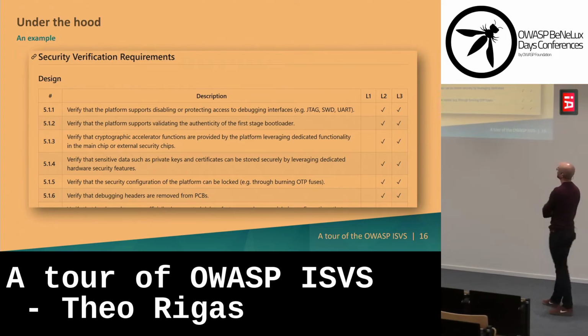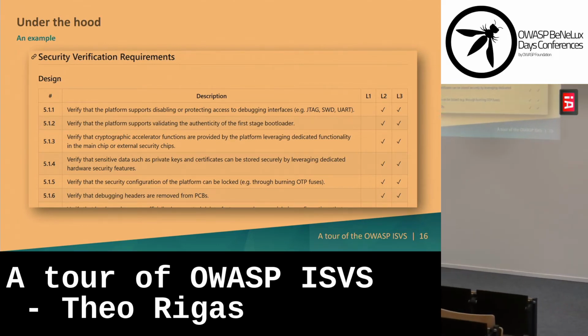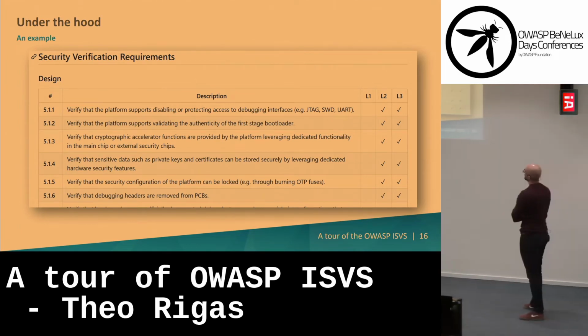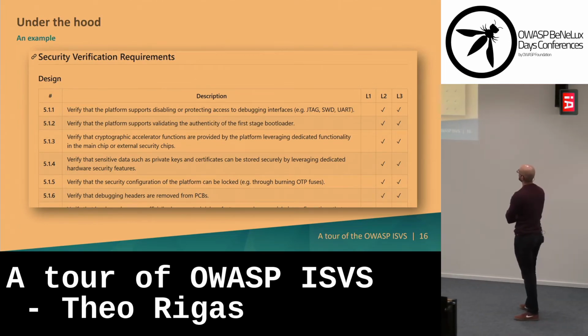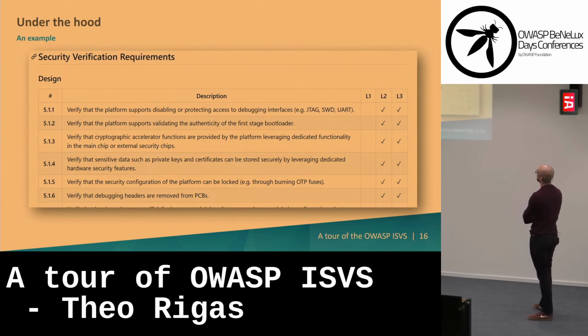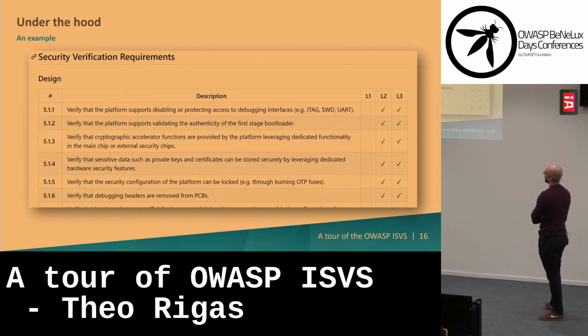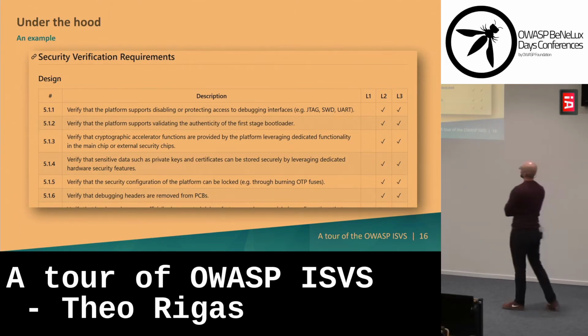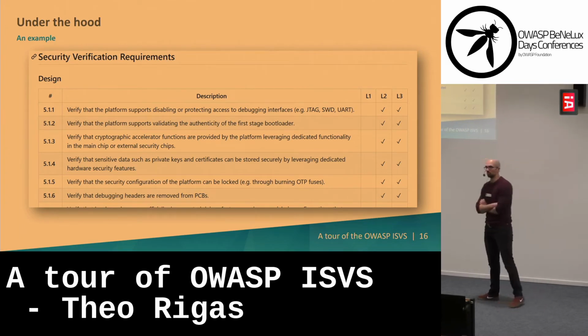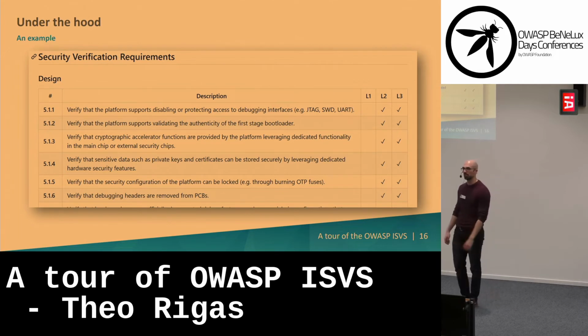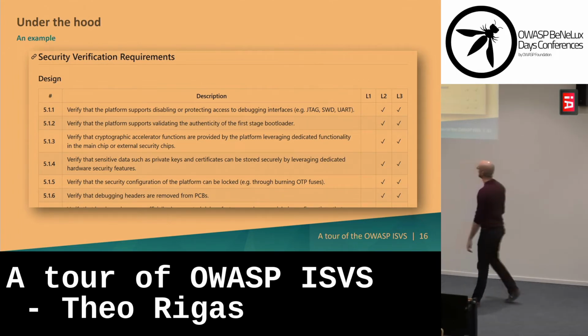So, for example, if you look at number 5.1.1, it reads, verify that the platform supports disabling or protecting access to debugging interfaces, JTAG, SWD, UART. And 5.1.2 is verify that the platform supports validating the authenticity of the first stage bootloader. If that doesn't speak to you, this refers to, for example, a secure boot system for the platform.